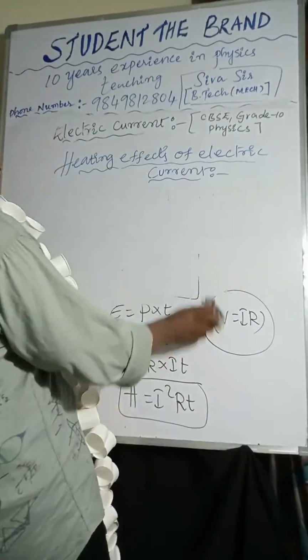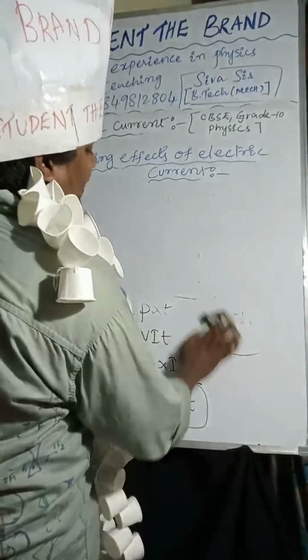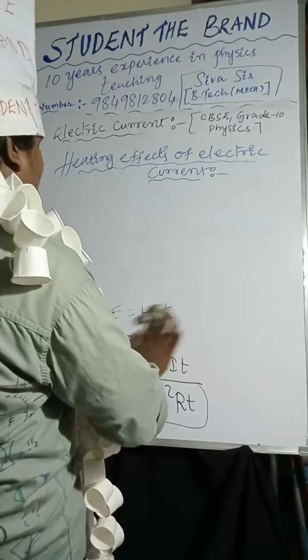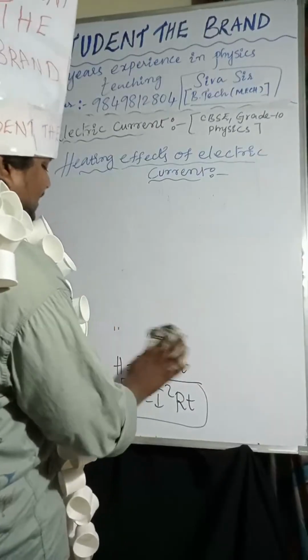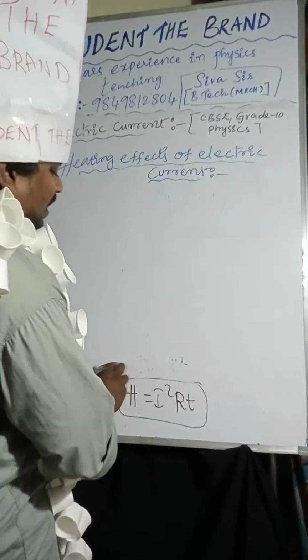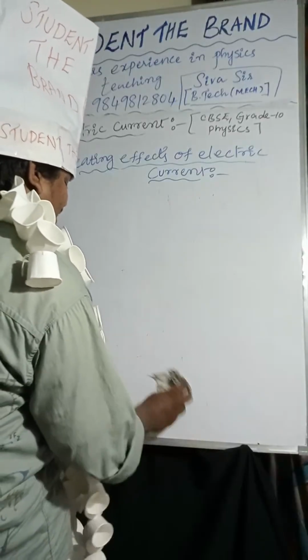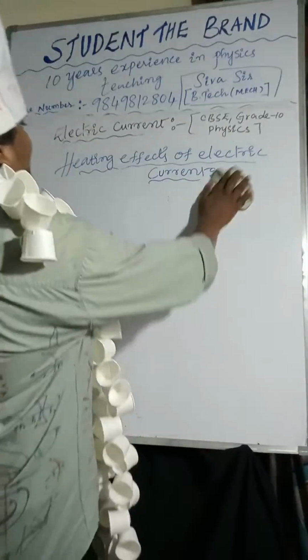And overloading: many high voltage appliances on at a time in the circuit. Then a heavy amount of current will be drawn from the mains.